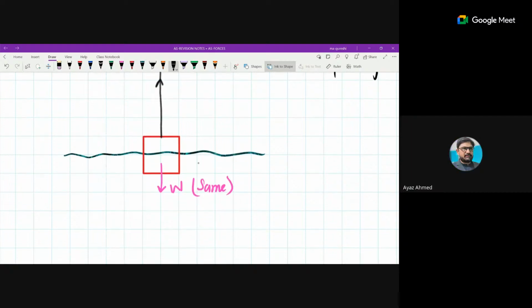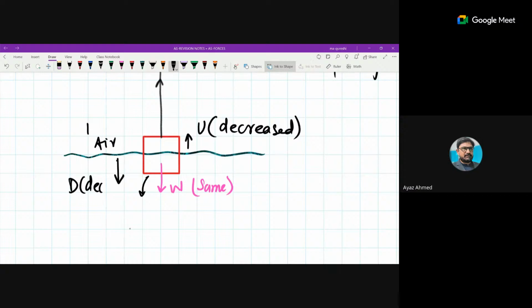Yes. Upthrust, although it is in the upward direction, has decreased. And drag is also decreased. Very interesting point. Drag decreased because some of the area is in air and some is now in liquid.